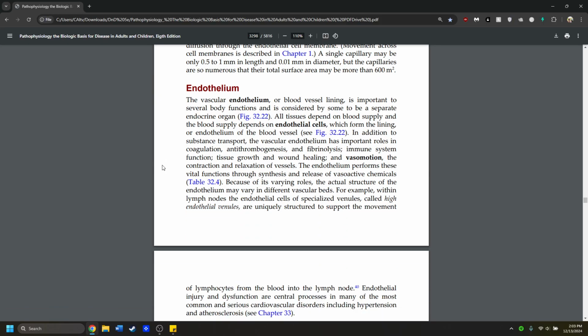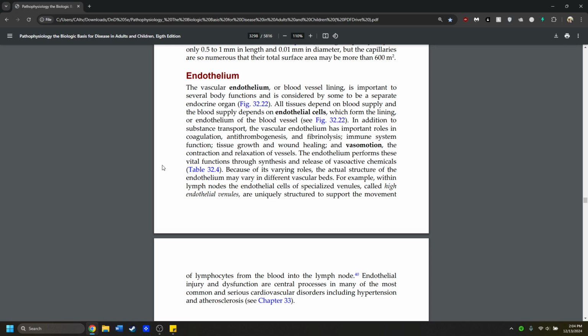So our endothelium, the vascular endothelium or blood vessel lining, is important to several body functions and is considered by some to be a separate endocrine organ. All tissue depends on the blood supply, and the blood supply depends on endothelial cells, which form the lining, or endothelium, of the blood vessels.